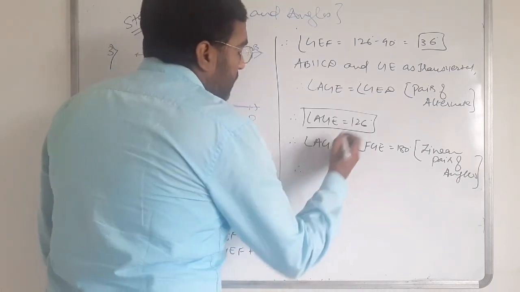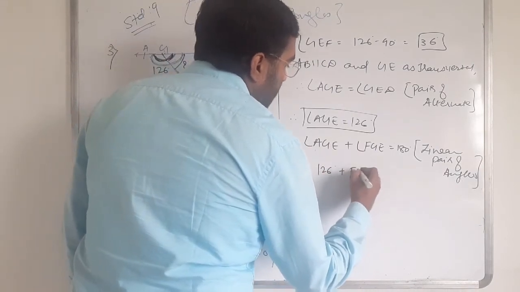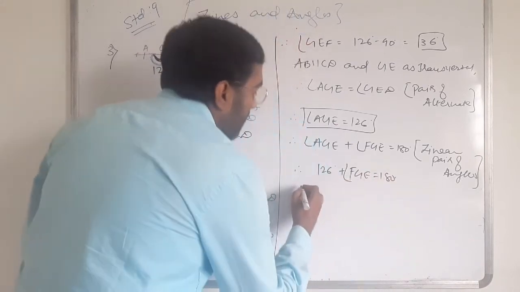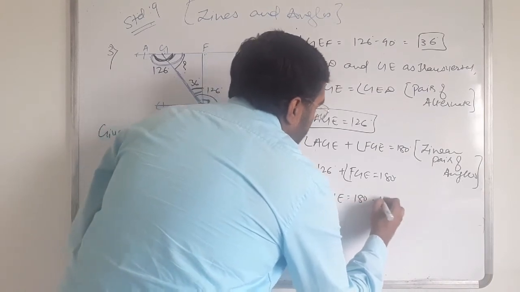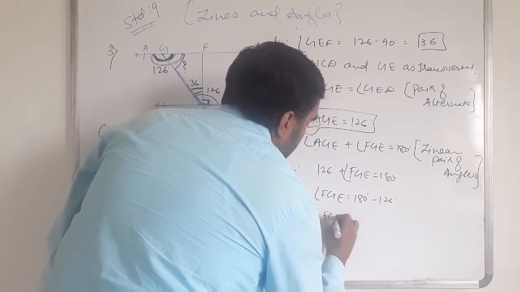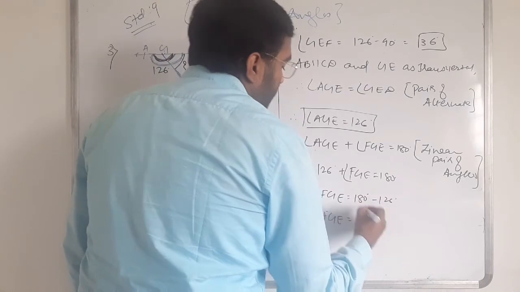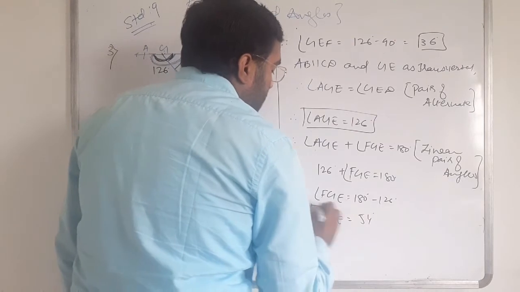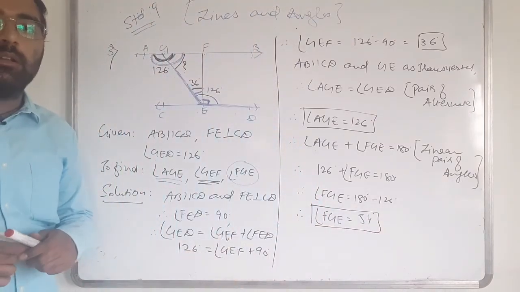AGE is 126, so 126 plus FGE is equal to 180 degrees. So FGE is equal to 180 minus 126, therefore angle FGE is 54 degrees. Okay, clear?